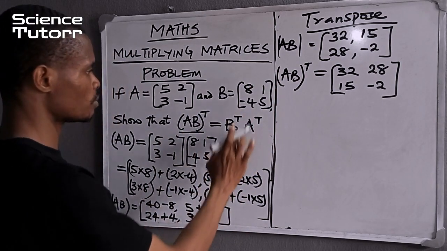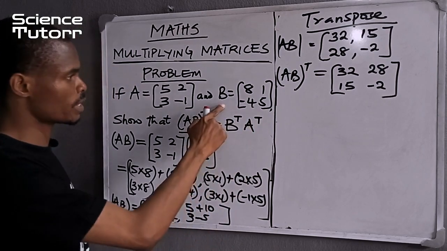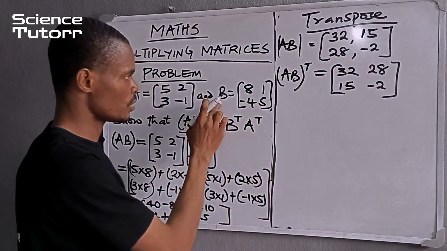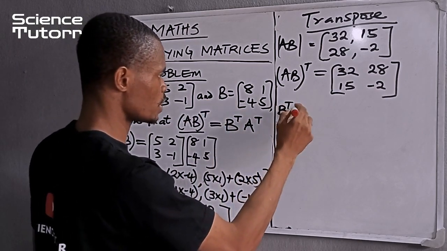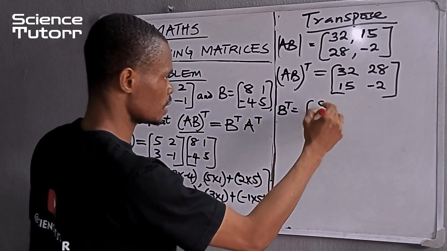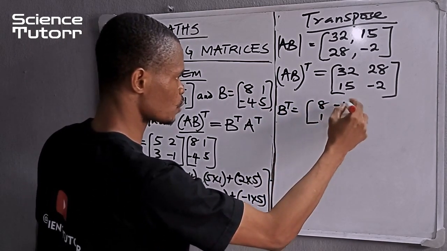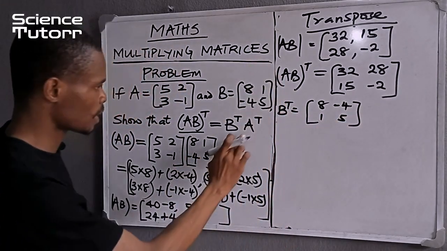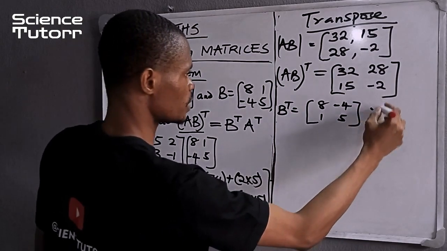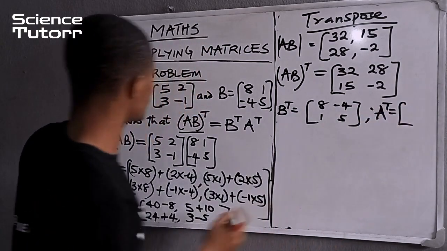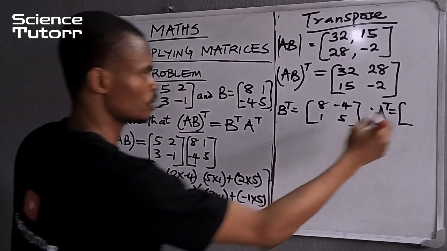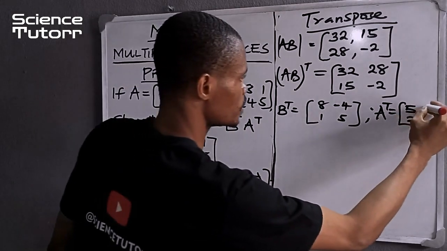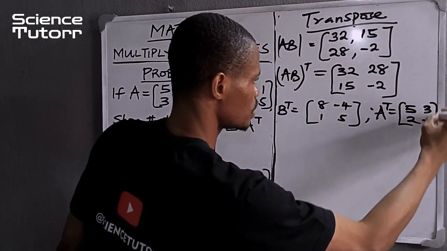So we do the same for B transpose. B transpose is obtained by interchanging B. So for B transpose, we are going to be having 8 and 1, minus 4 and 5, directly from here. A transpose will give us 5 and 2, 3 and minus 1.